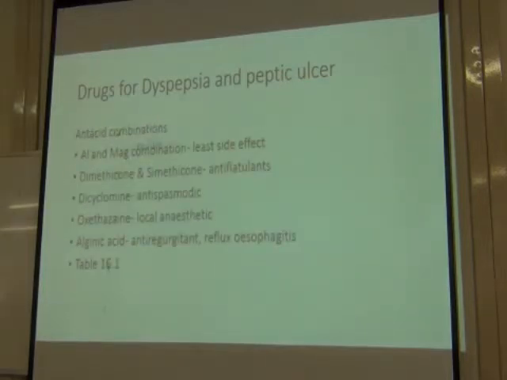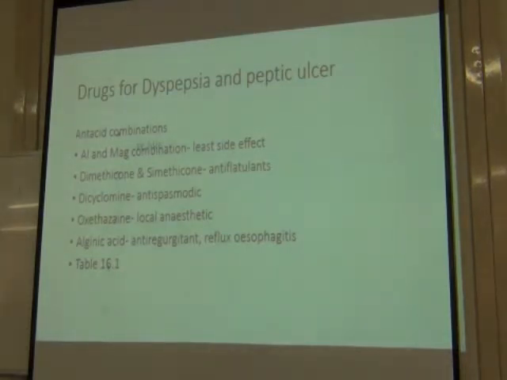So antacids, we saw they can be aluminum, magnesium, sodium bicarbonate, calcium, but they can come in combination as well. So you can have aluminum and magnesium being combined, in which case they will neutralize each other's side effect. One is diarrhea and the other is constipation. When you have them together, the side effect is reduced in that case.